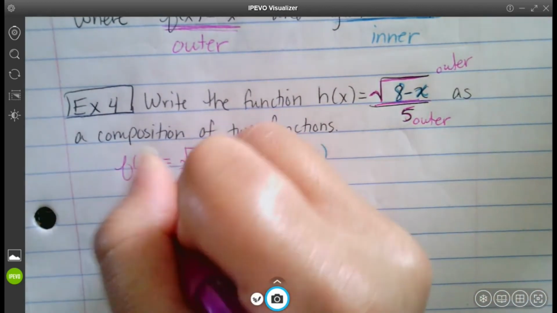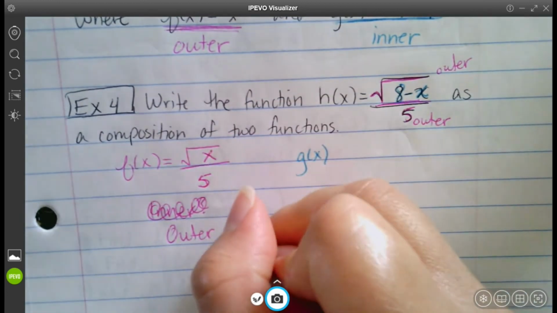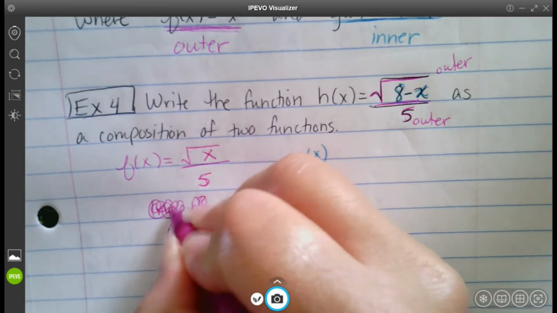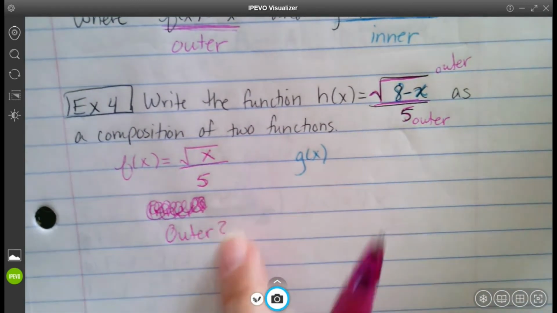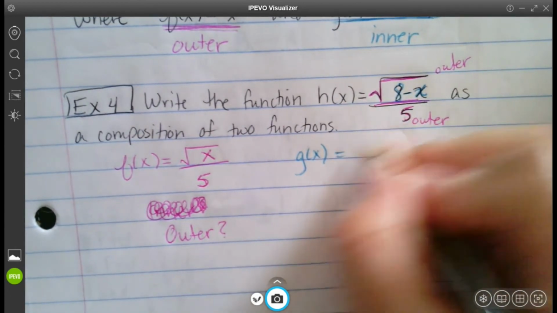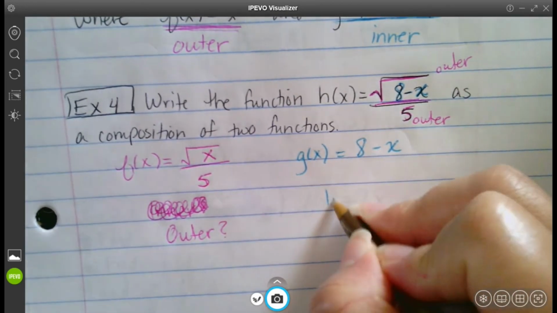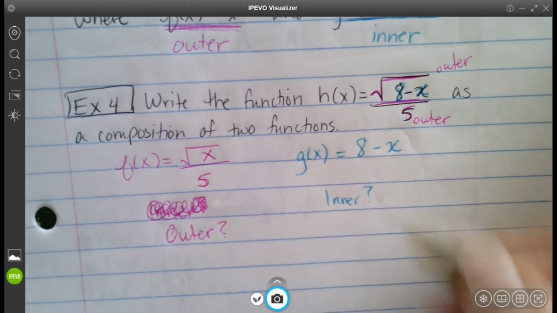I'm sorry, this is my outer, not inner. I'm just full of mistakes today. It's Saturday. Still no whiteout. All right, so we think this is the outer. If this one is inside, then that would just be whatever's in blue, so 8 minus x. And we think this one might be the inner.